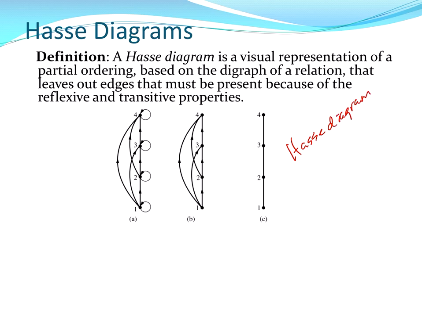One thing that hasn't been mentioned, which I'll mention on a later slide, is that we arrange ordered pairs so that the second element of the ordered pair is always higher than the first element. When we do that, we don't need to add the arrows.